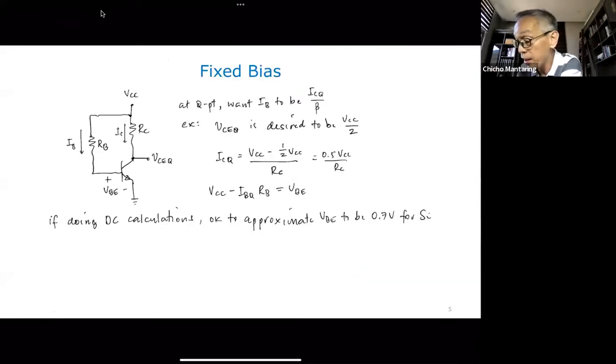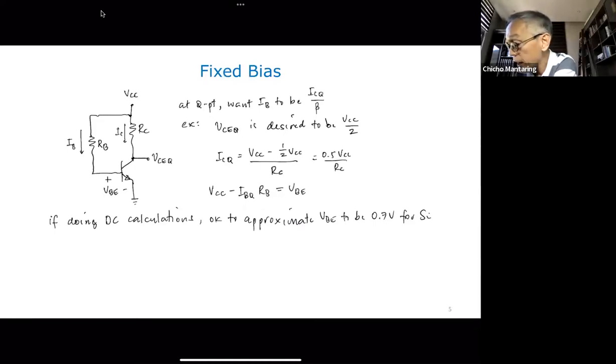But here in DC calculations, usually we just, to simplify, say that VBE is equal to 0.7. Actually, if you want to have a hard time, you could use Shockley's equation for the transistor to determine VBE, based on IB. But you have to know the scale current of the transistor, and of course that would also depend on temperature. But anyway, we're doing DC calculation.